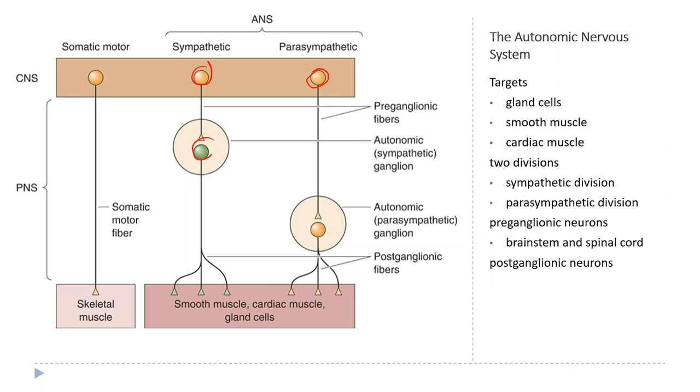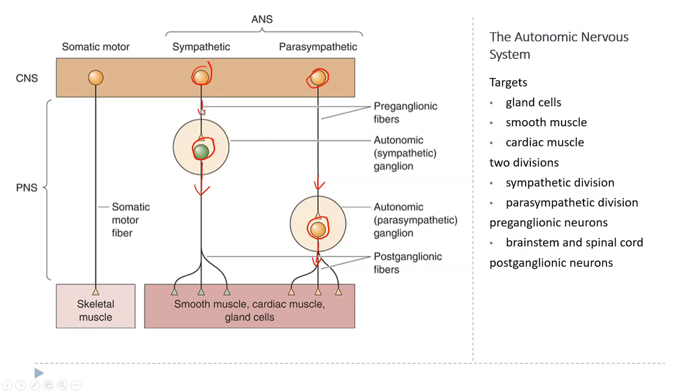Now it's a little confusing because they aren't really postganglionic, they are the ganglia. And so in fact it may be more accurate to say that the axons coming out of these neurons are postganglionic fibers, whereas the axons coming in from the brain and spinal cord would be the preganglionic fibers. But that's all that means.